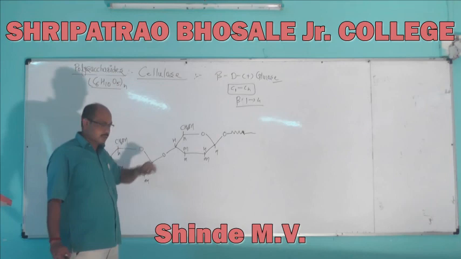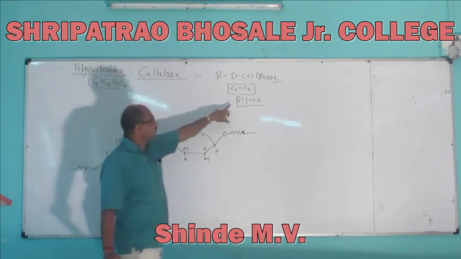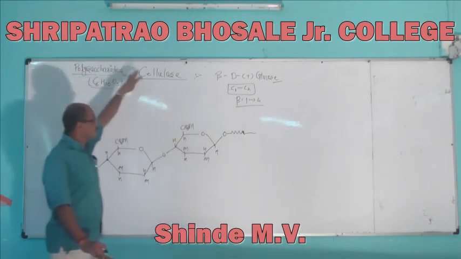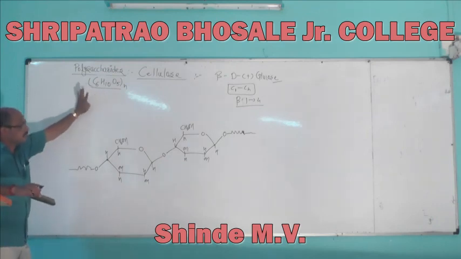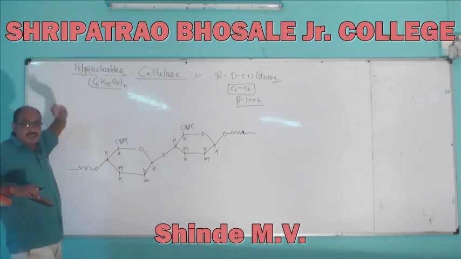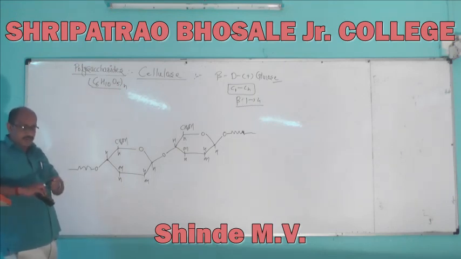C1 to C4. The linkage is considered as beta 1 to 4. This one is the structure of cellulose, which has a large number of beta D glucose molecules combined with each other by the glycosidic linkage beta 1 to 4.